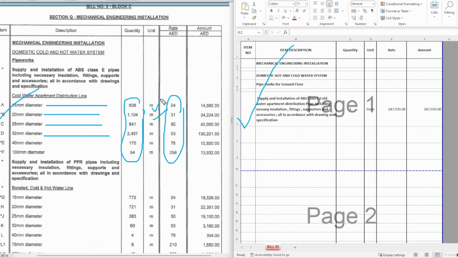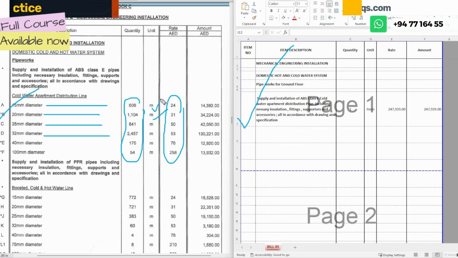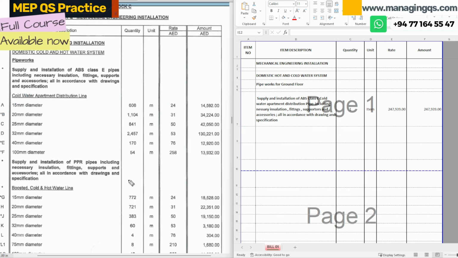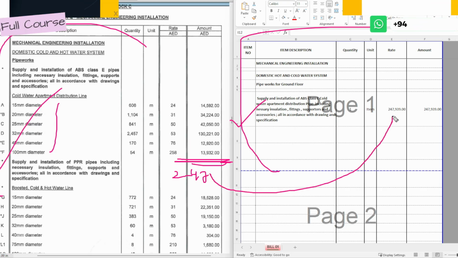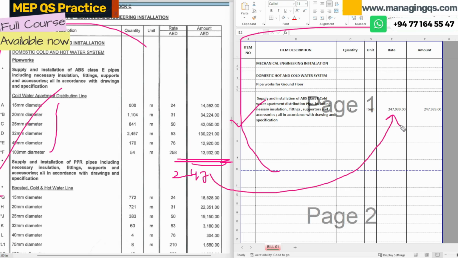It is the same concept, but a different way to introduce the elements or items. Actually, both BOQ formats are correct. The left side is a detailed breakdown BOQ, and the right side is called the location based BOQ. The total value of the pipe installation is 247, the same value coming through the lump sum price.